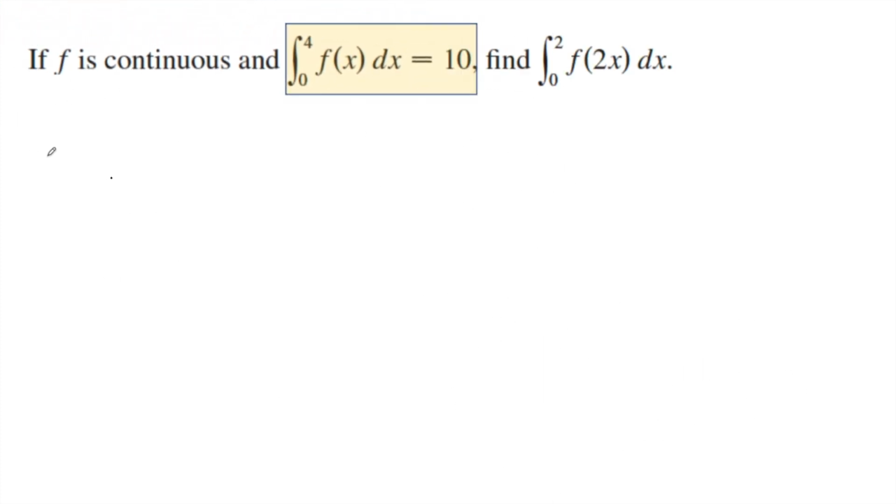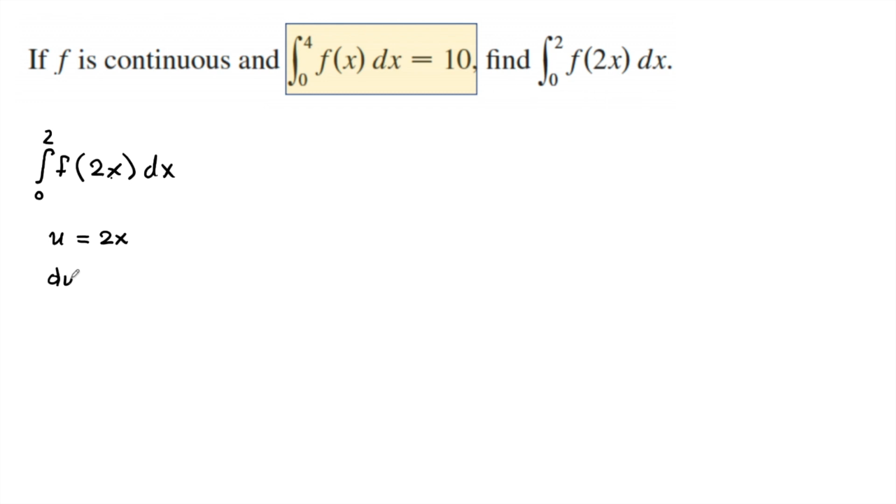In this problem, we are given a continuous function f, and we're told that this definite integral is equal to 10. And we need to find the definite integral from 0 to 2 of f composed with the function 2x. So we'll do this by substitution, and we'll let u be the inner function 2x.